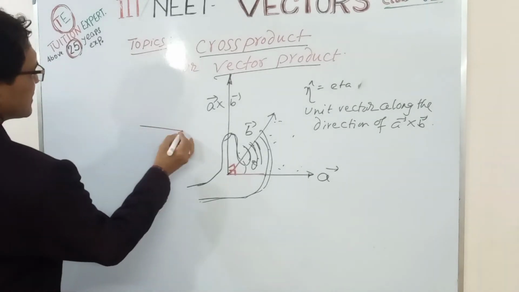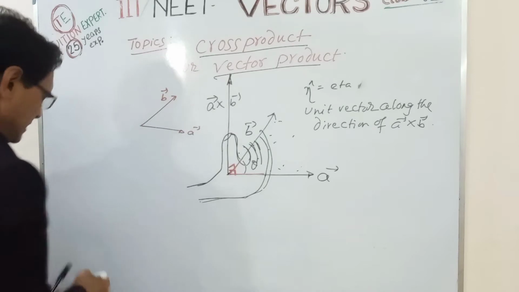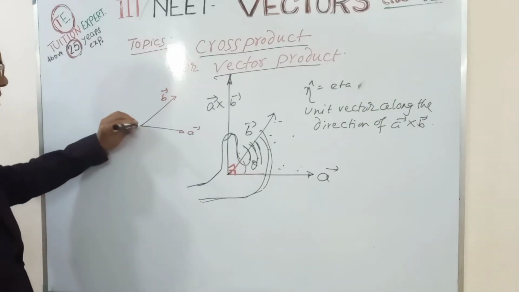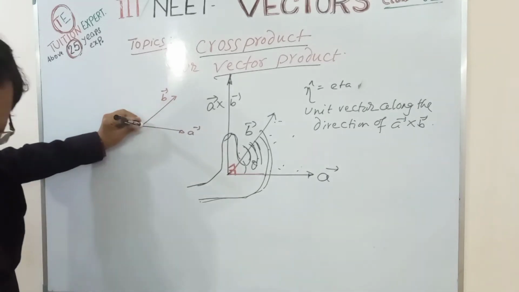Suppose this is A, this is B. A and B are in the same plane of the board. Now A cross B will actually be in this direction, outward of the board.